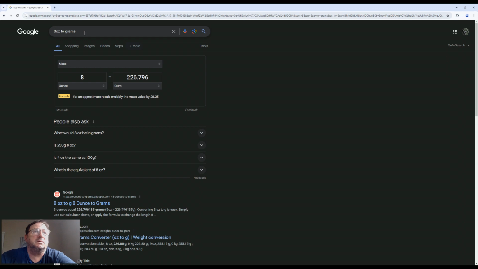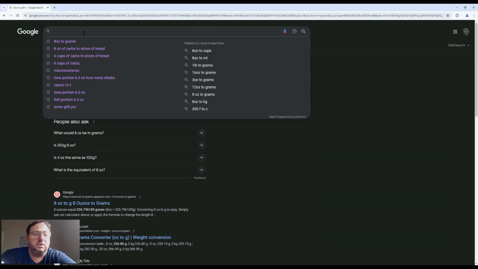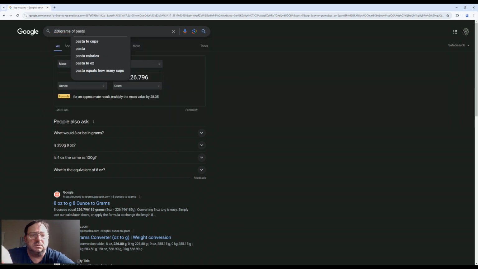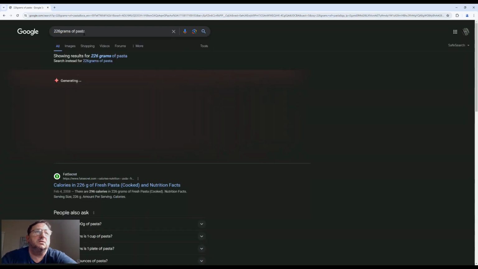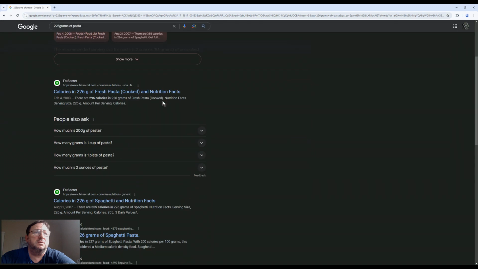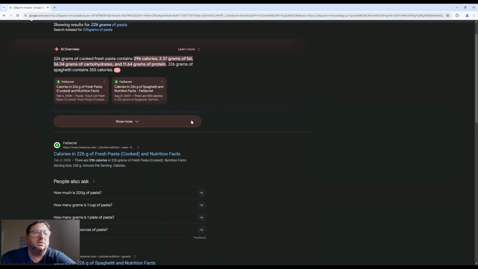Okay, now, so I remember 226. 226 grams of pasta, suppose pasta. Okay. Now this has protein too. Pasta has protein.